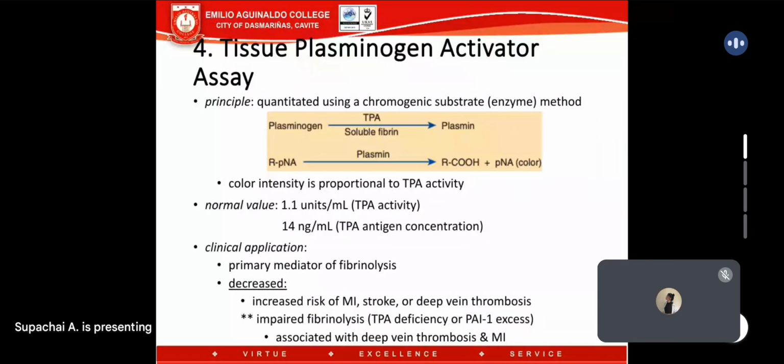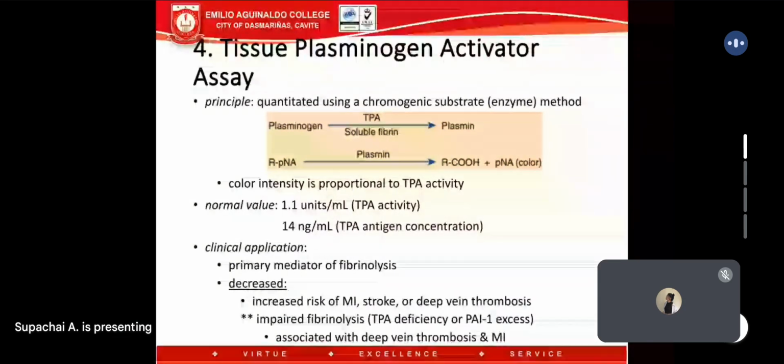Plasmin, on the other hand, will degrade RPNA to produce a change in color. So just like your plasminogen, the color intensity is proportional to TPA activity. So the normal range is at least 1.1 units for TPA activity and 14 nanogram per ml for TPA antigen concentration.